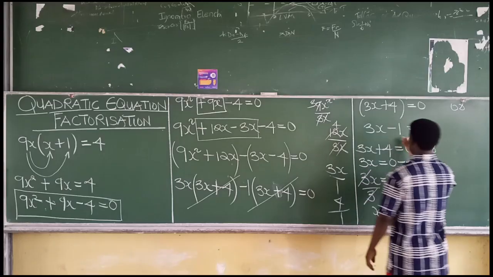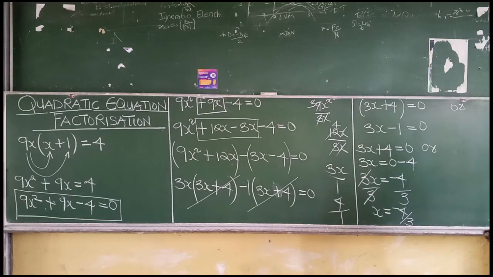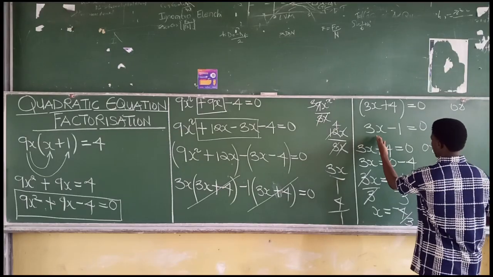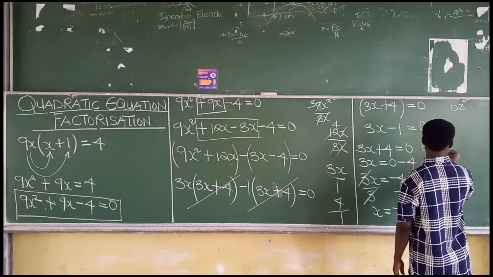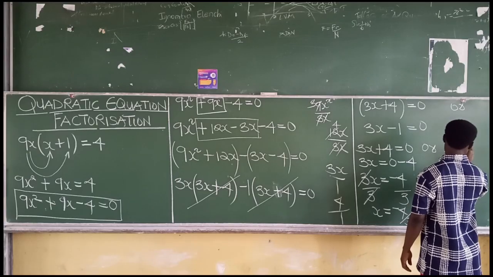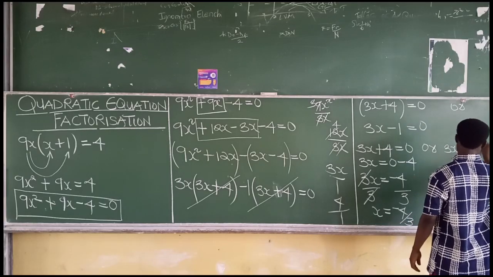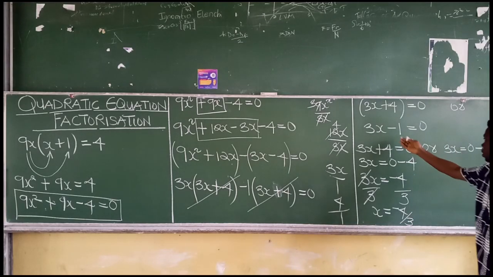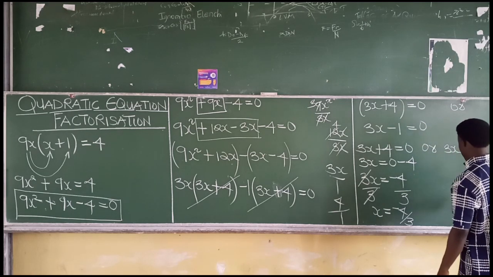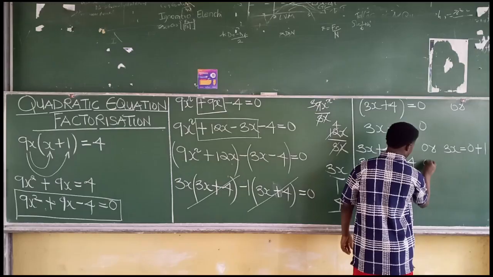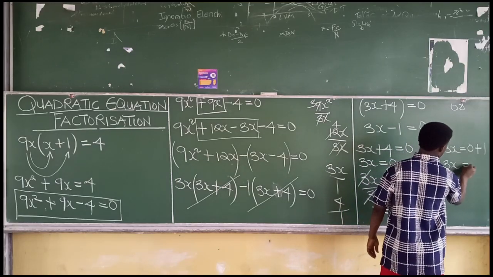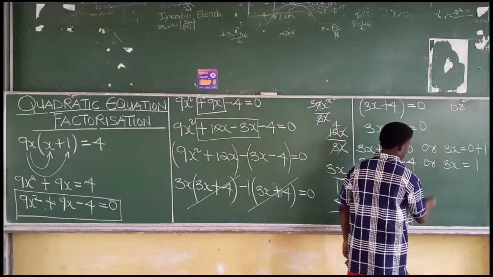Or, for the second root, we have 3x minus 1 is equal to 0. Making 3x the subject first, we have 3x is equal to 0 plus 1. When the minus 1 crosses over the equation sign, it becomes plus 1. So 3x is equal to 1.